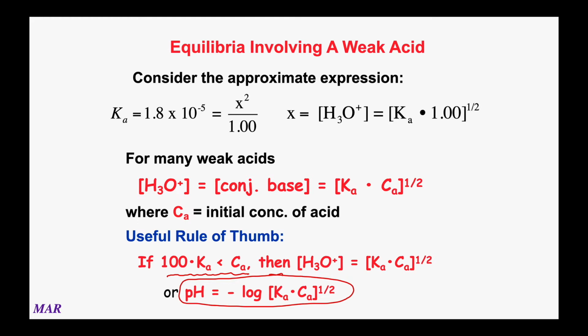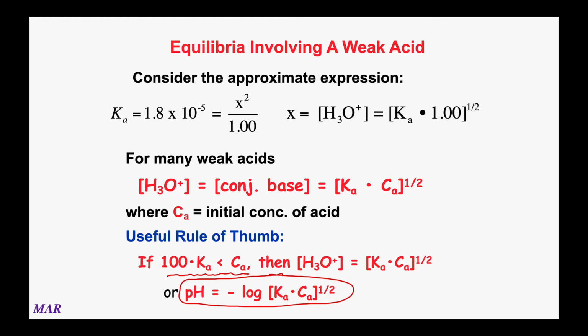All right, if you don't have that, then you can't use this expression. But if you do, wow, one-stop shopping: pH quickly comes out to minus log square root Ka times Ca. You must have 100 times Ka less than Ca. As 100 times Ka approaches Ca, this doesn't work as well, and then you should go back and use the quadratic formula, your solve function, whatever.